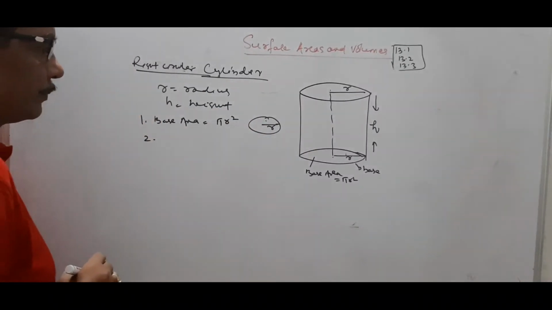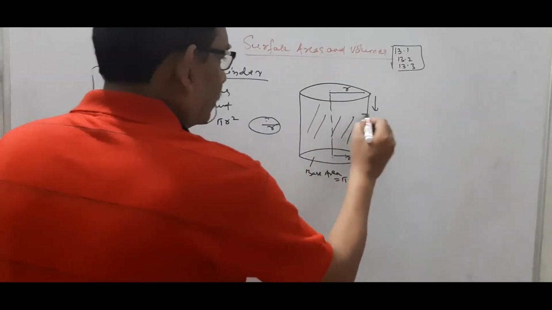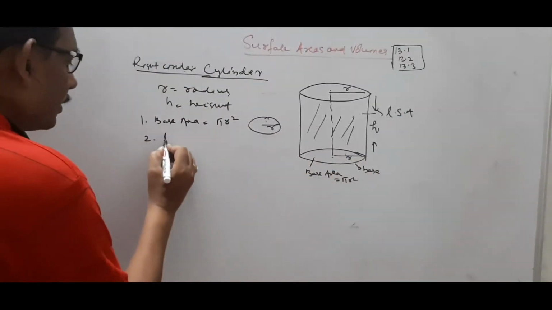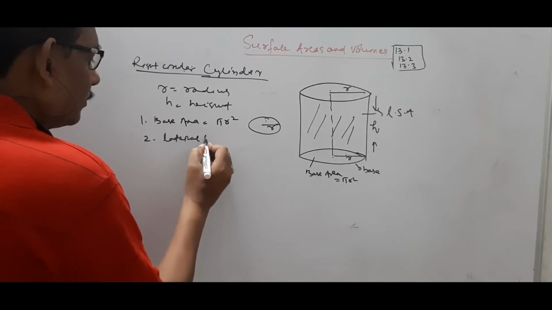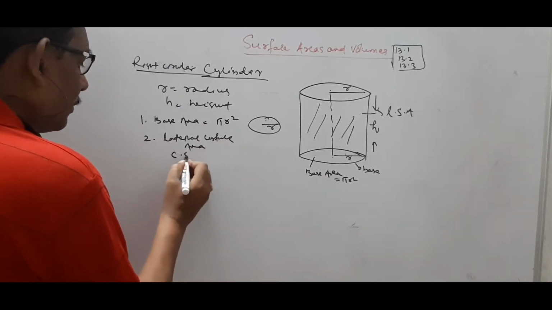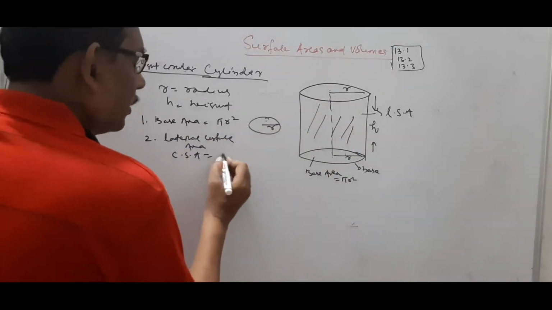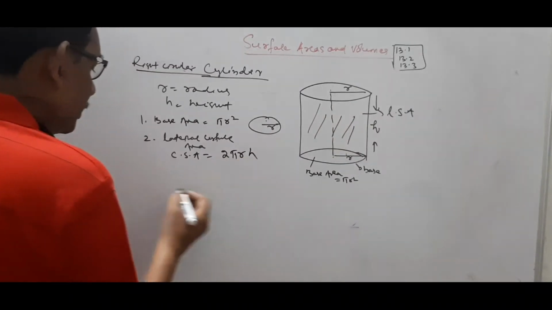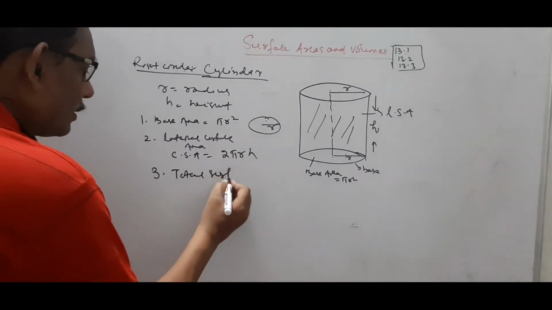Second one, your lateral surface area, this part. It is sometimes also called curved surface area. This is your 2 pi r into h. Similarly, total surface area.